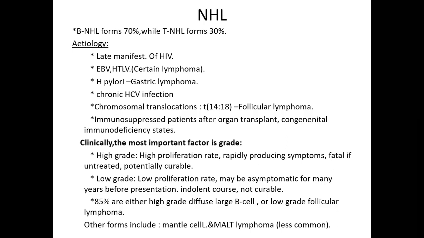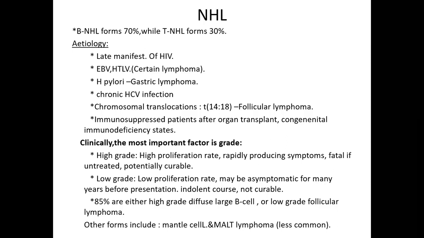85% of high-grade non-Hodgkin lymphoma is the diffuse large B-cell lymphoma or low-grade follicular lymphoma. So you can see that the most common subtypes are the diffuse large B-cell lymphoma and the low-grade non-Hodgkin lymphoma, what is called the follicular lymphoma.